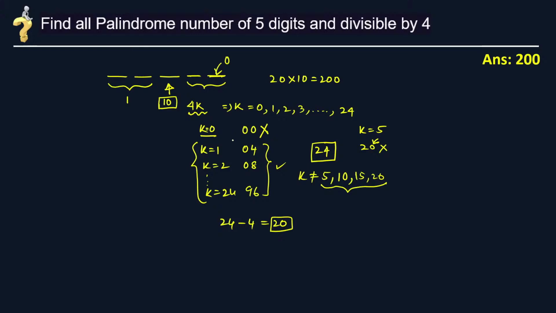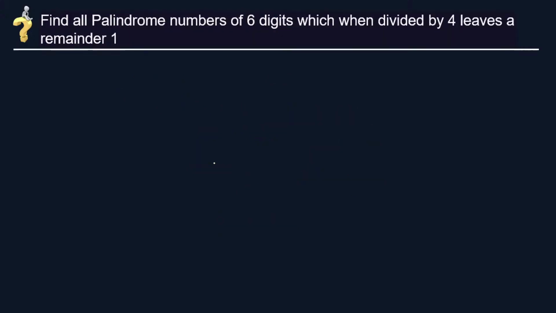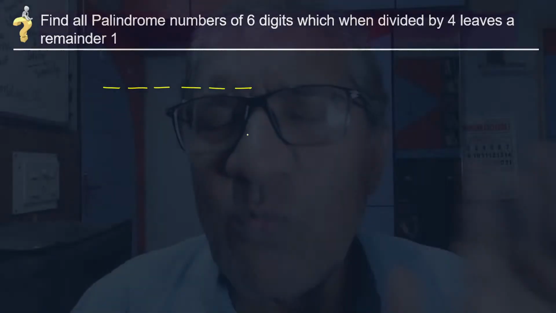Okay, let us take another sum. Find all the 6-digit palindrome numbers which, when divided by 4, leave the remainder 1. Now there is another trick here. In the previous sum, all 5-digit palindrome numbers were divisible by 4.